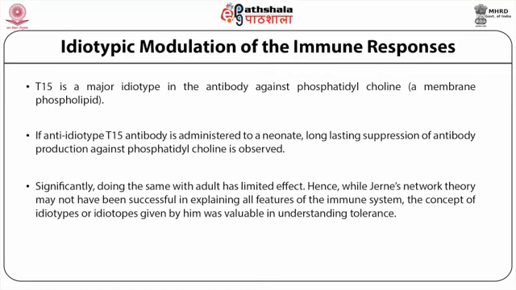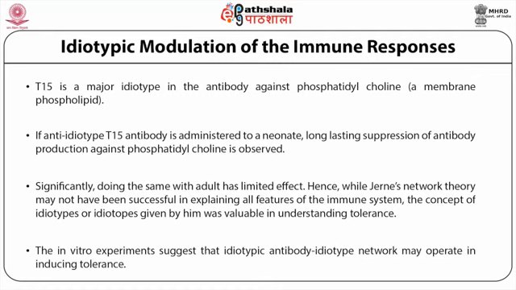Hence, while Jerne's network theory may not have been successful in explaining all features of the immune system, the concept of idiotypes or idiotopes given by him was valuable in understanding tolerance. The in vitro experiment suggests that the idiotypic antibody idiotype network may operate in inducing tolerance.